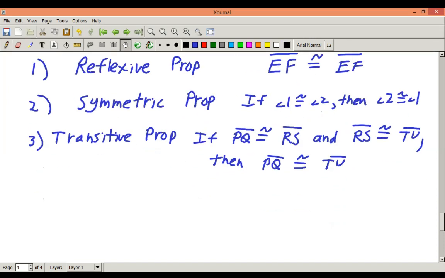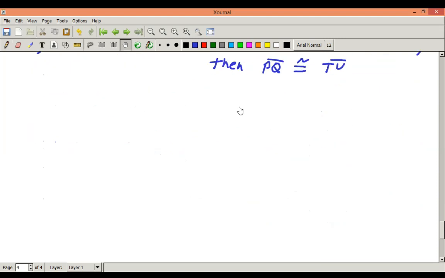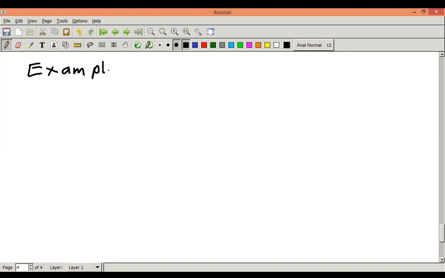And now to wrap this up, I just have a few examples to see if you can recognize these properties in action. First example is which property do we use for the measure of angle 1 equals the measure of angle 1.